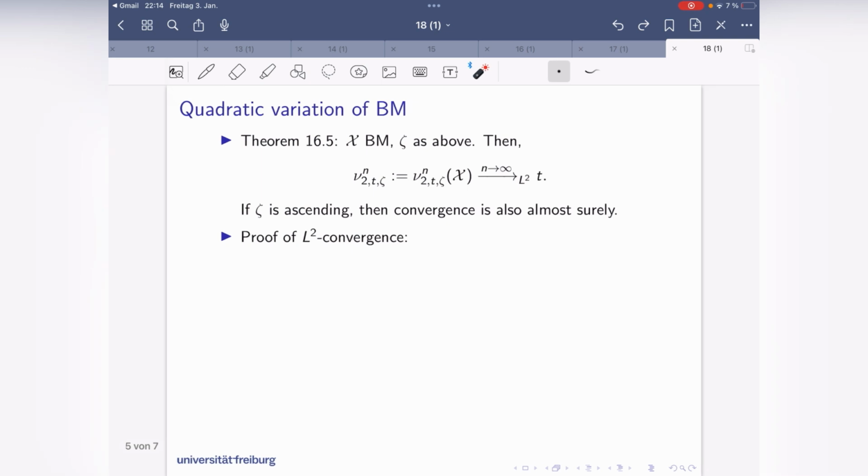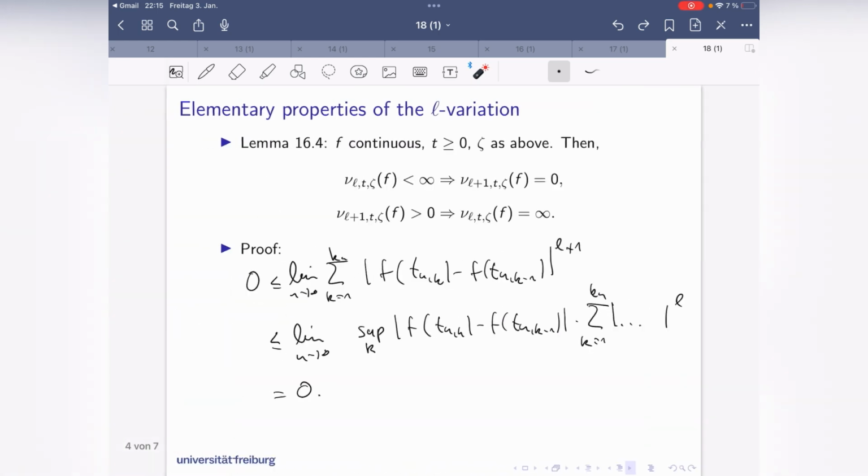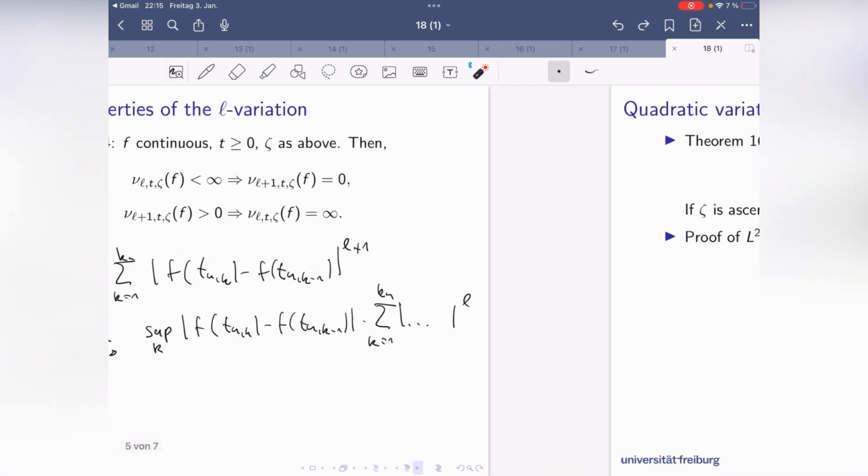And for Brownian motion, so x is a Brownian motion, we then can compute the quadratic variation, so 2 means quadratic variation, and that goes to t. So that means it has a positive quadratic variation, and that means if L equals 1 here, the variation is infinite.